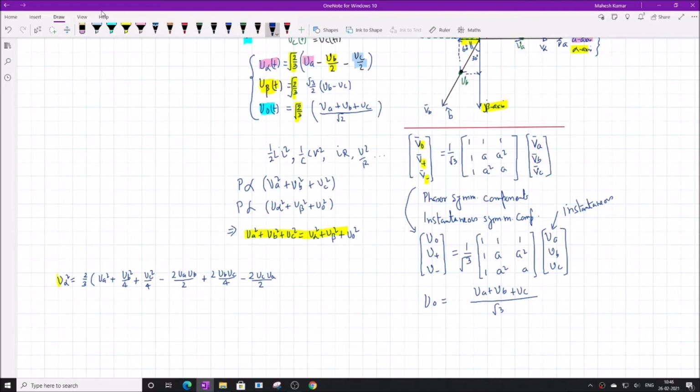So I will put B beta square here. Take another color, B beta square. B beta square is 2 by 3 first, because it's root 2 by 3, and this is 3 by 2 means 3 by 4, so this into 3 by 4. Then in bracket Bb square plus Bc square and minus 2 Bb and Bc.